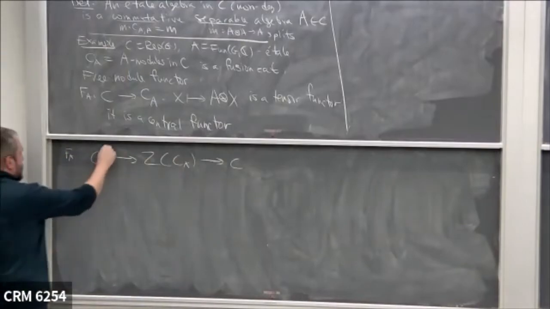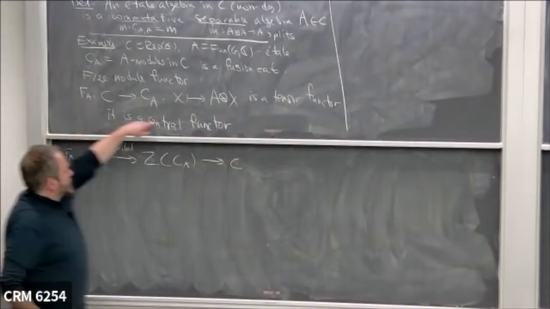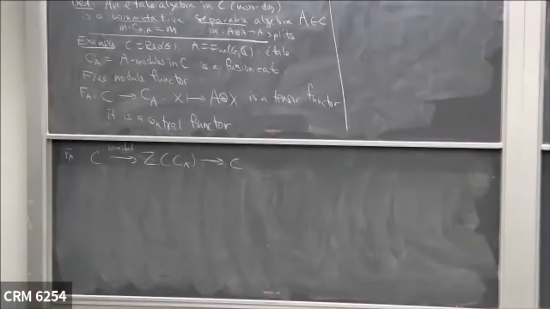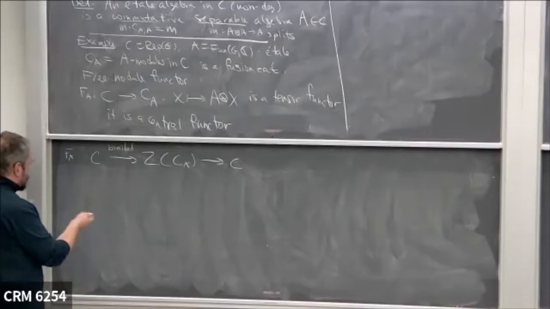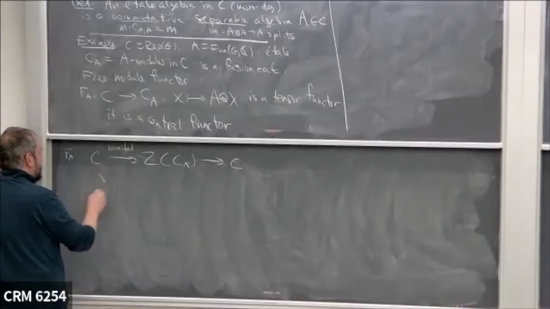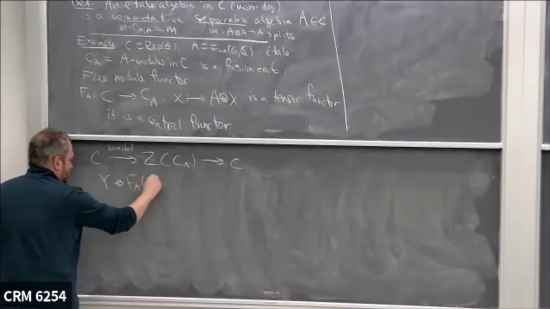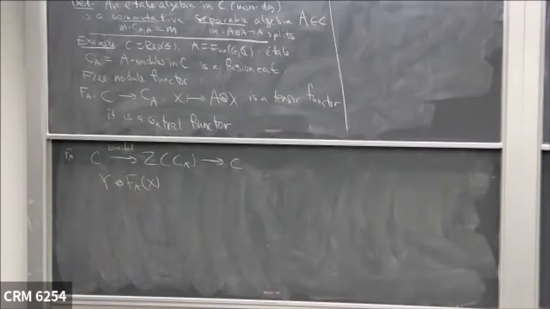So this is braided. In other words, there is a central structure on each free module. And this central structure is not hard to describe, namely we want to be able to permute this free module with every module in C_A.